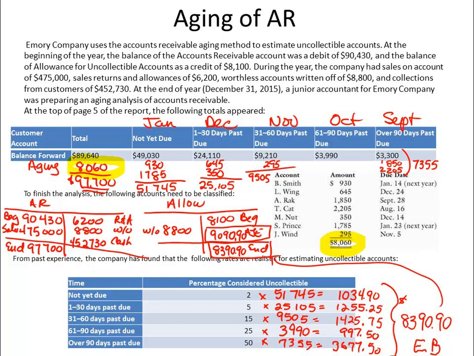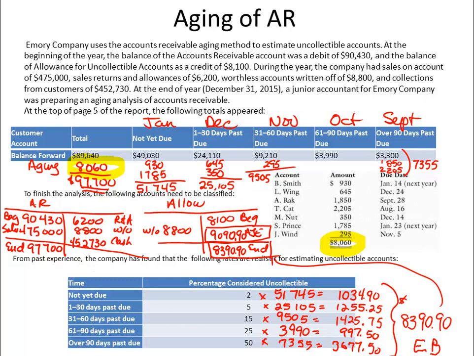So when I look at B. Smith, it's due next January, so it's current. So I put the $930 under the column not yet due. When I look at L. Wing, it's due December 24th, so it's in the 1 to 30 days past due, and that's why you'll see the $645 under the December column.